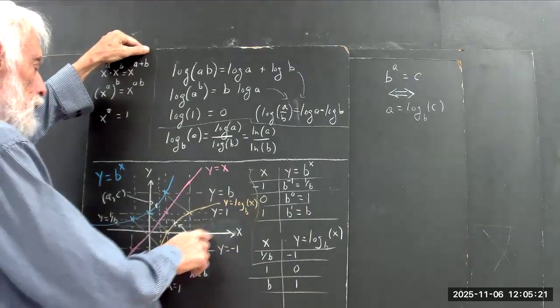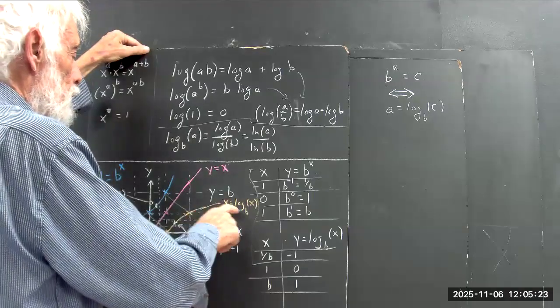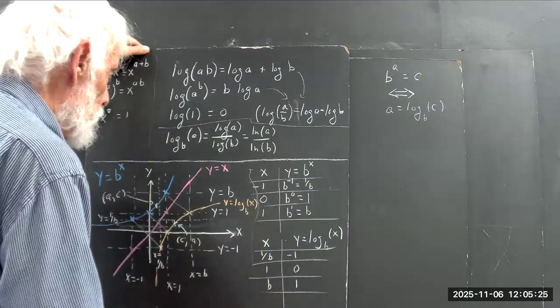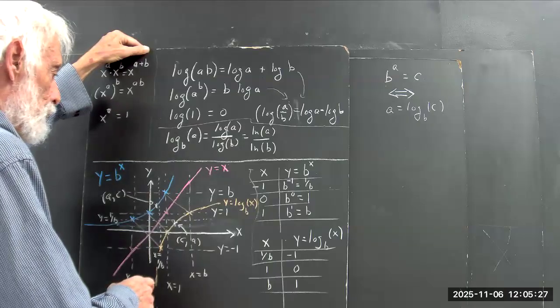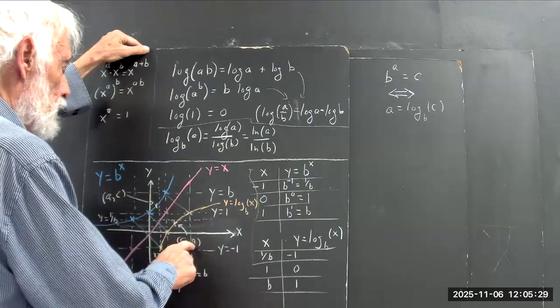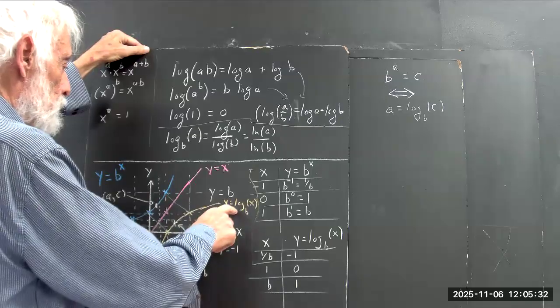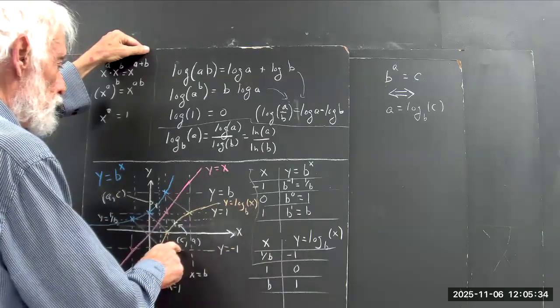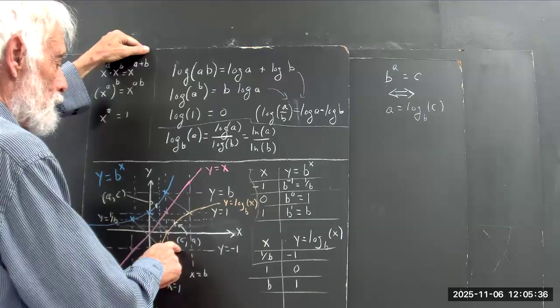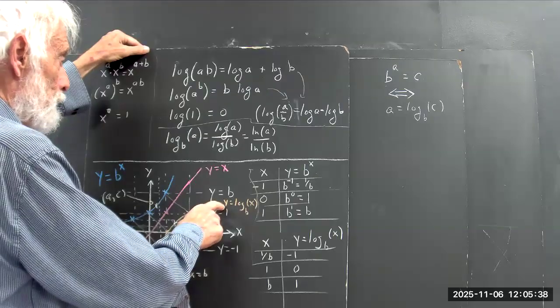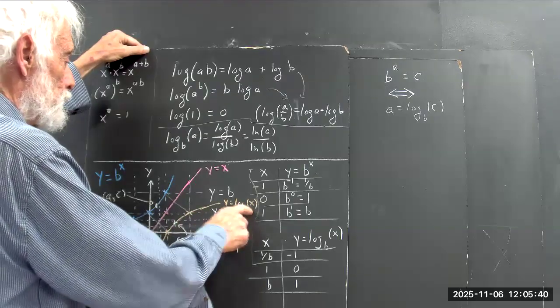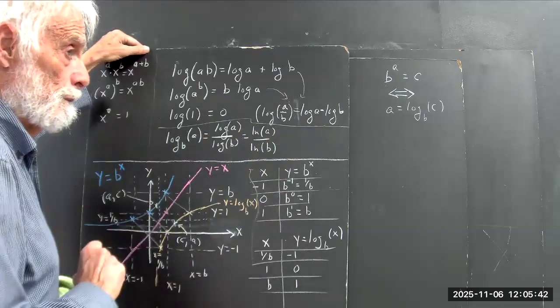It tells us that the point (C, A) lies on the graph of y = log base b of x, which means then that y value, which is A, has to equal log base b of the x value, which is C, which just says that A = log base b of C, which is all that picture says.